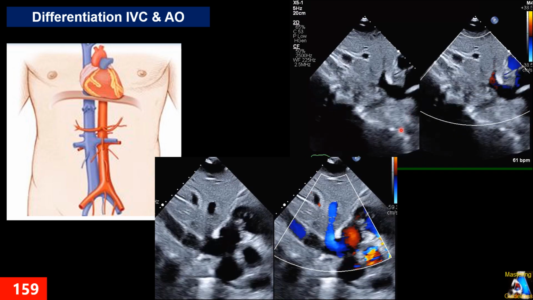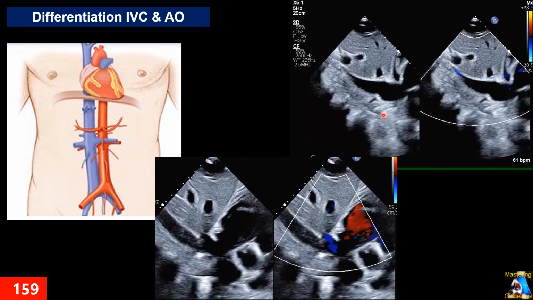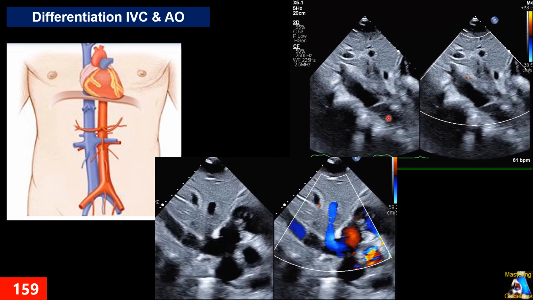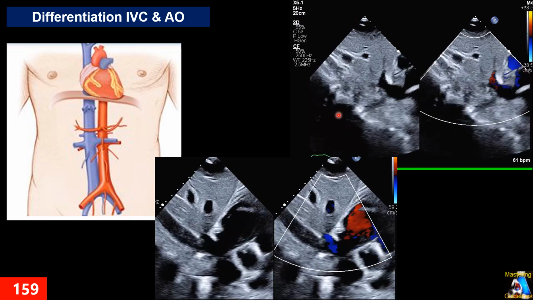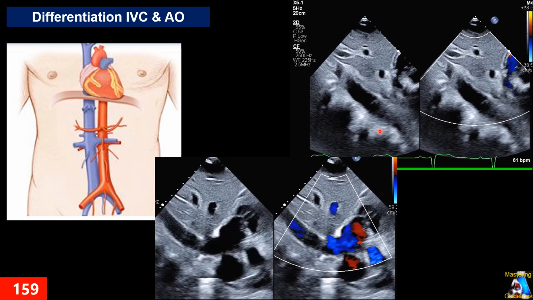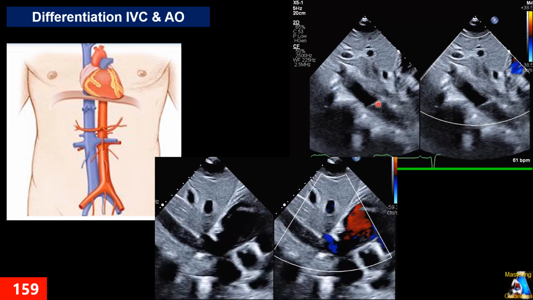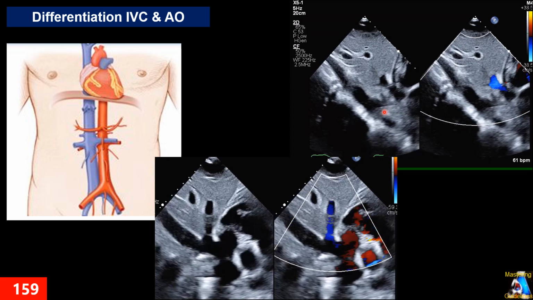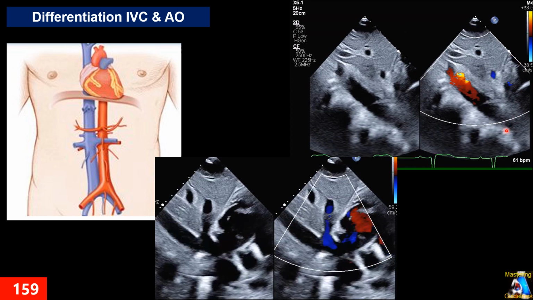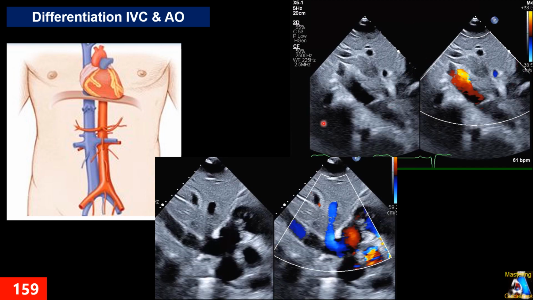The aorta, as you can see here from IVC to the aorta, first of all has pulsation. Second, the size is constant and equal all the way, and doesn't change during respiration and cardiac activity. Third, it has a thicker wall, and the last one is a positive shift. As you can see, blood goes toward here, a positive shift.